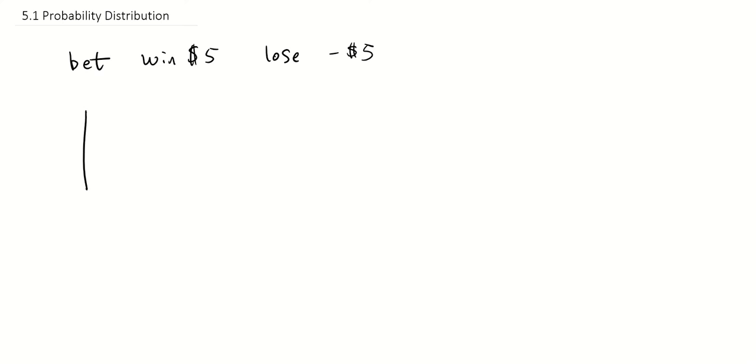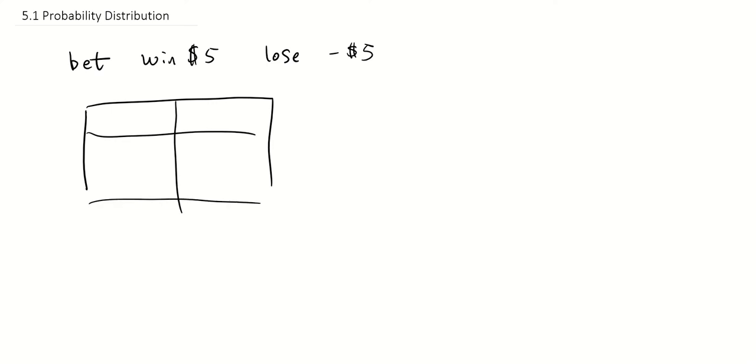We can make a chart like this. One column is called X, which is the random variable, and the other one is P of X, the probability of each random variable happening. So in our case, our random variable X has two values.